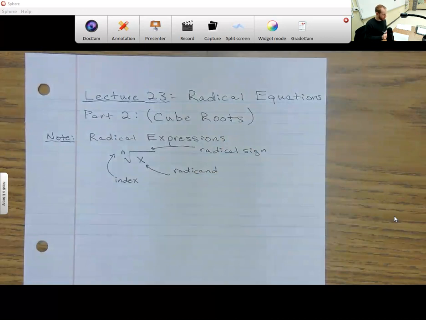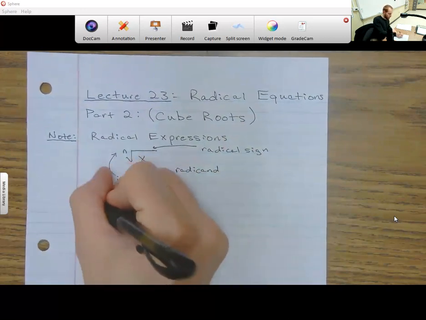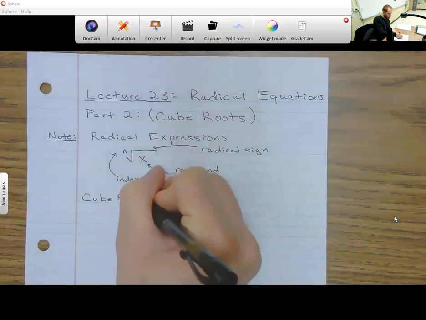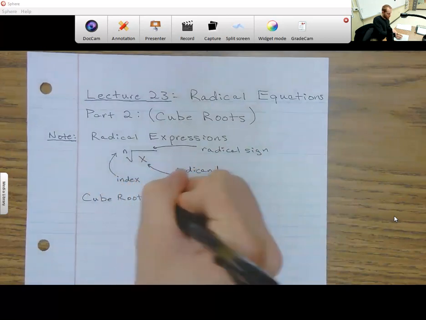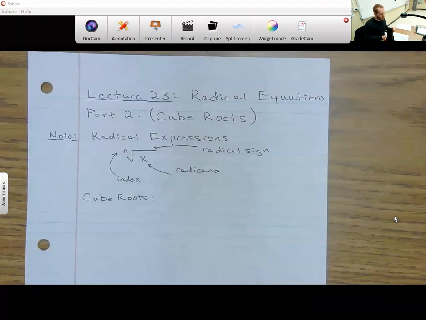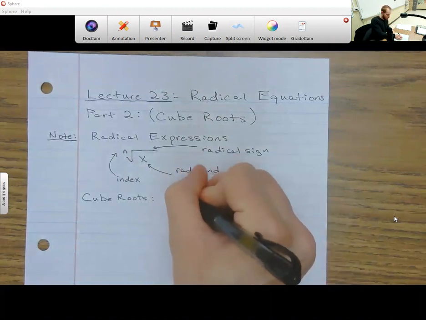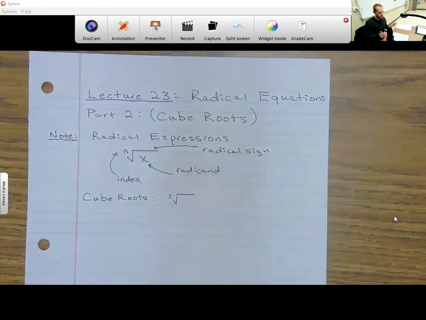So today we're going to be talking about cube roots. Cube roots are radical expressions, but instead of having an index of 2 like the square roots have, cube roots are going to have an index of 3. So they're going to look like this: cube root of whatever, right? And there are a couple basic cube roots that you should know.